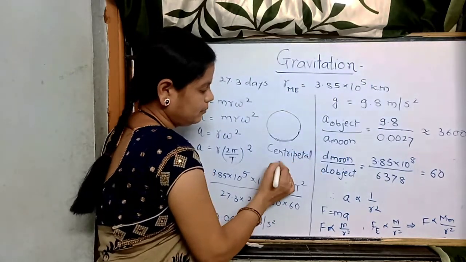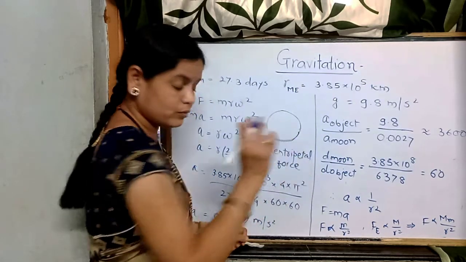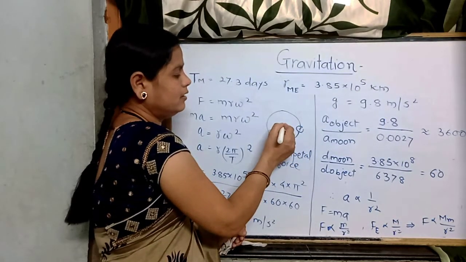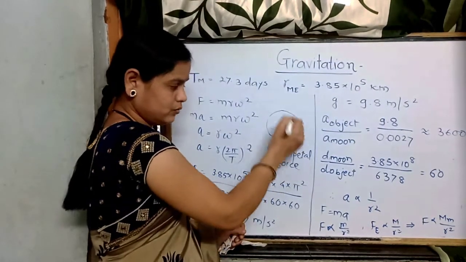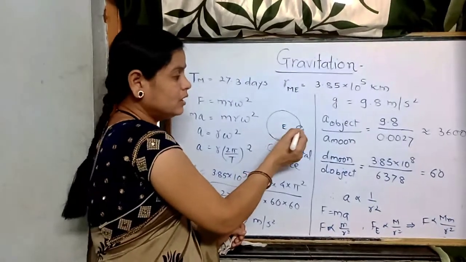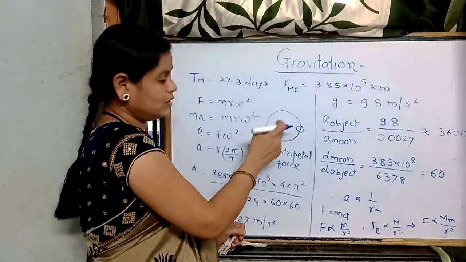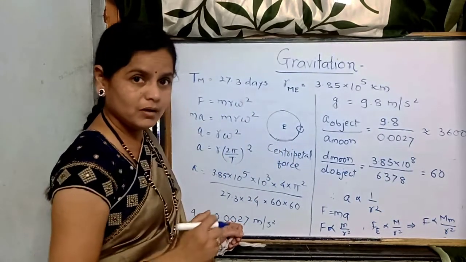Right? A centripetal force must be there. Therefore, the moon is revolving around the earth, and the force which makes the moon revolve around the earth must be a centripetal force.